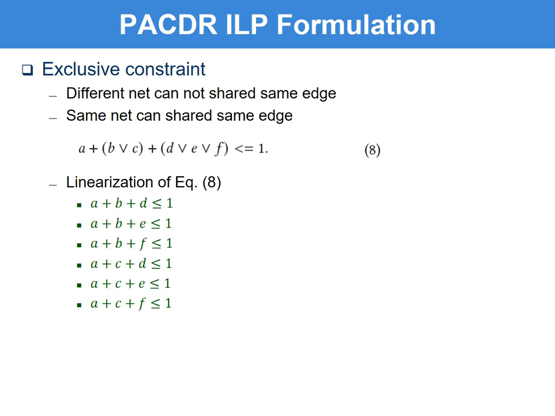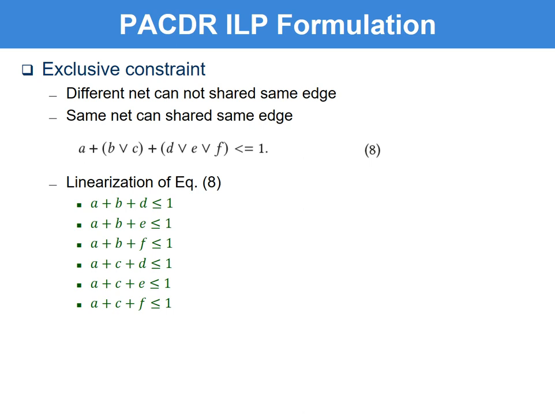When multiple nets are being concurrently routed in a free routing space, the usage of edges is taken into consideration. We assume that the same net routing can share the same edges, while different net routing cannot share the same edge. To achieve this, we write a nonlinear function, equation 8, with an OR operator.